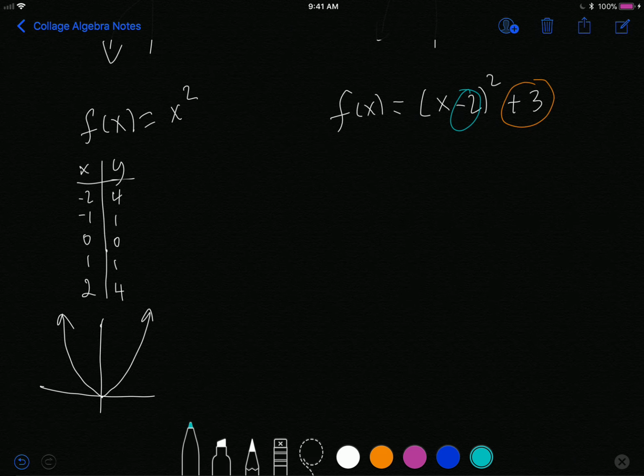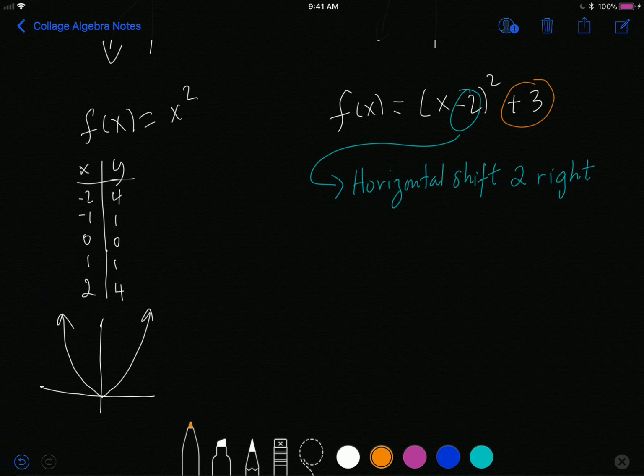The minus 2 on the inside is a horizontal shift two units to the right, while the plus 3 is a vertical shift, and that vertical shift will be up 3 units.